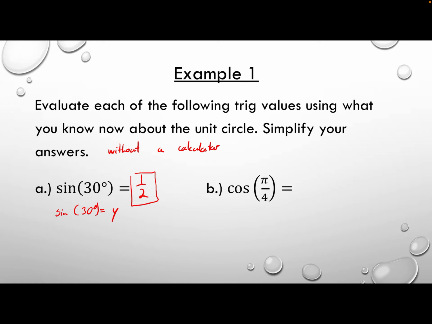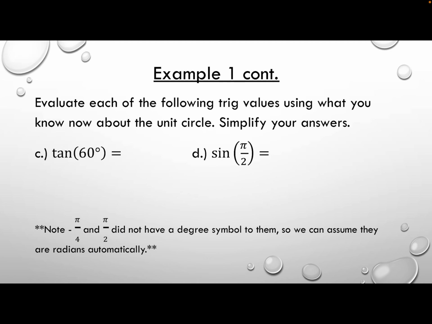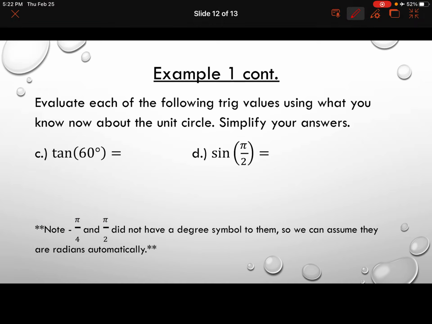And then if we do one more, sine of pi over 2. So once again, we just established that sine is whatever the y value is of the point that corresponds to that angle measure.